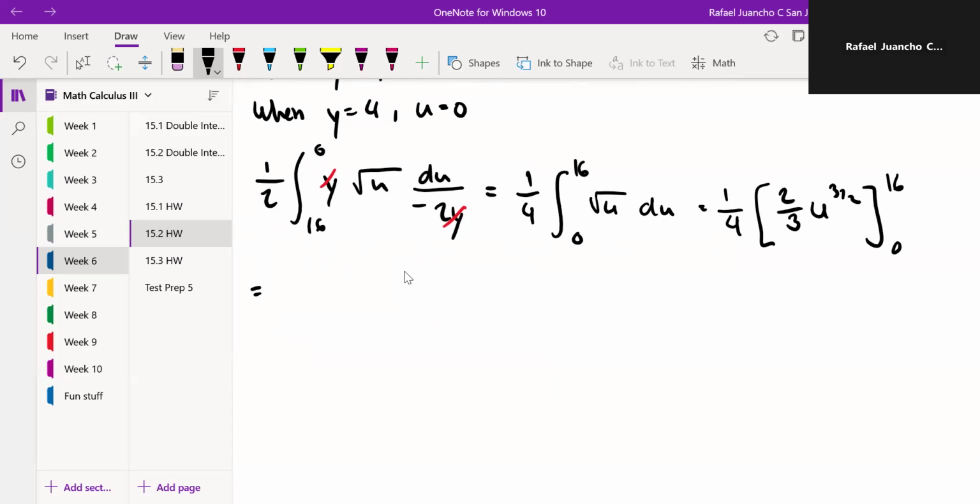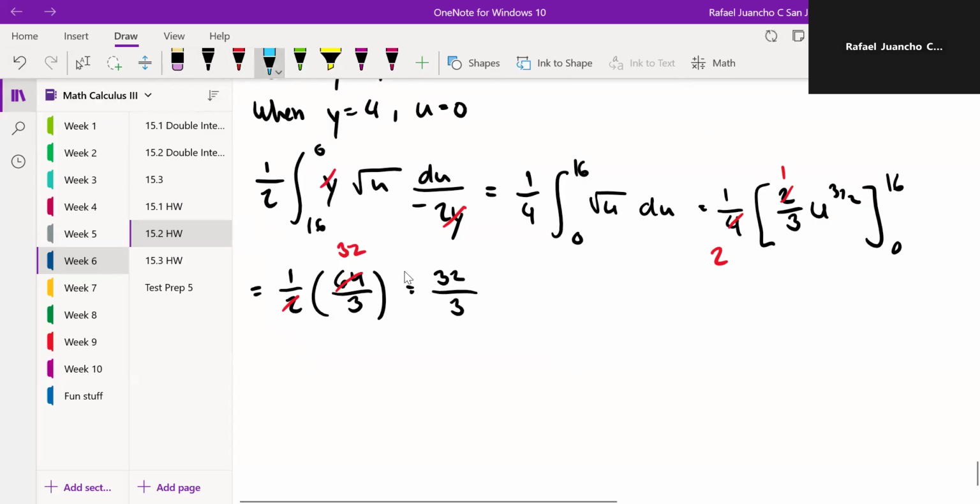So also I get to cancel this for fun. Oh, but then I have a 64, so I have 1/2. Now I get to cancel this, which I think is 32. 32/3. Yeah.